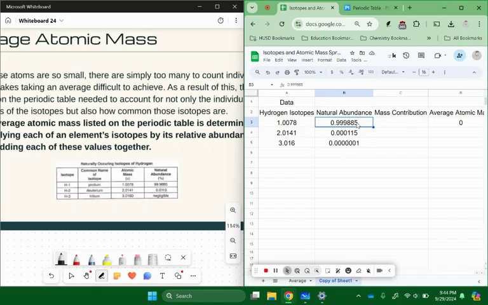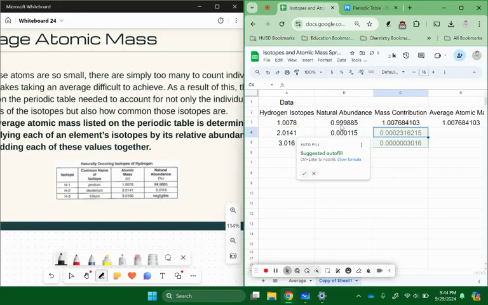Now remember, if you're going to write a percentage as a decimal, you have to divide it by 100. So instead of 99.98%, I have 0.9998. Okay. Now what I'm going to do is multiply, equals, I'm going to multiply the mass number and its natural abundance. Okay.